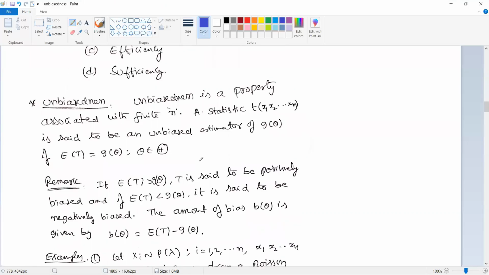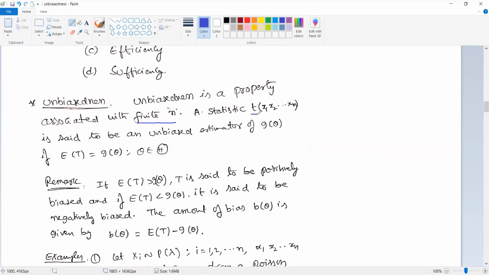First, unbiasedness. Unbiasedness means there is no bias. Unbiasedness is a property associated with finite n; for infinite samples there is no need to consider it. Only finite cases need unbiasedness.